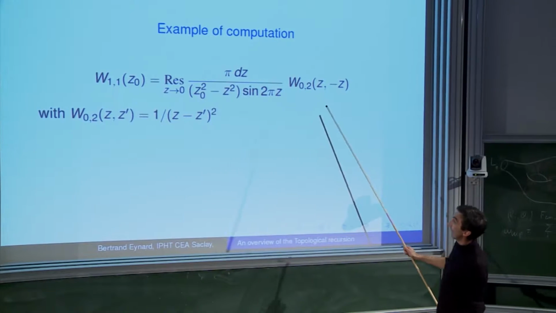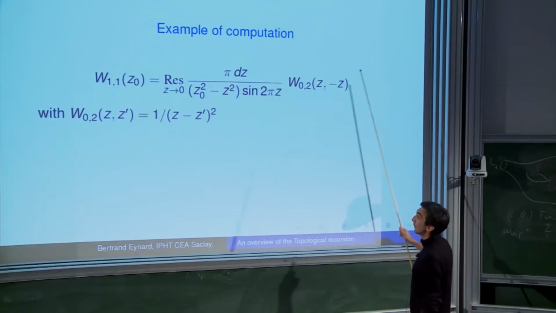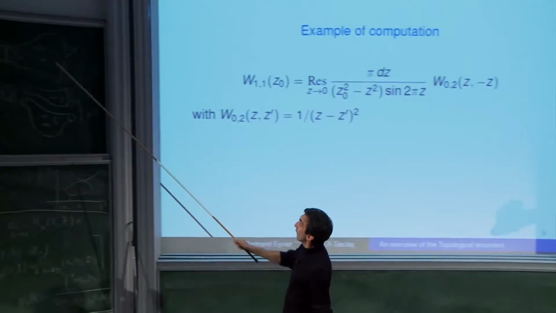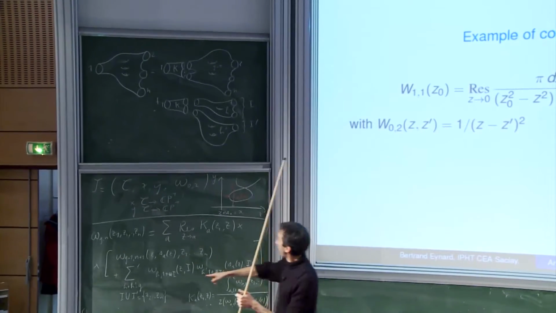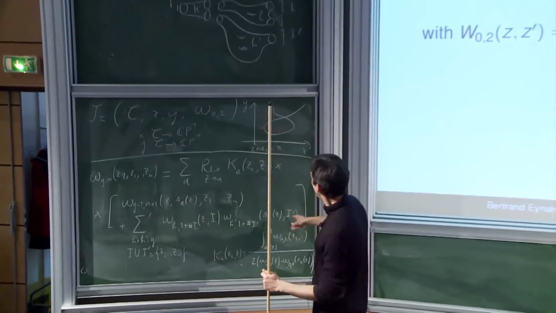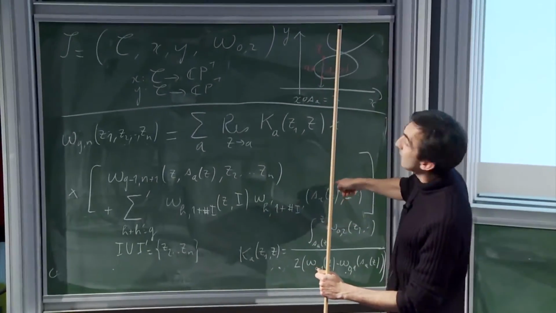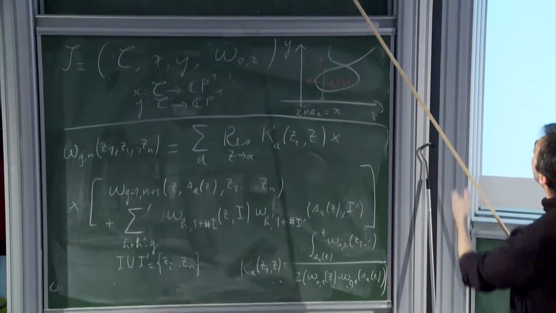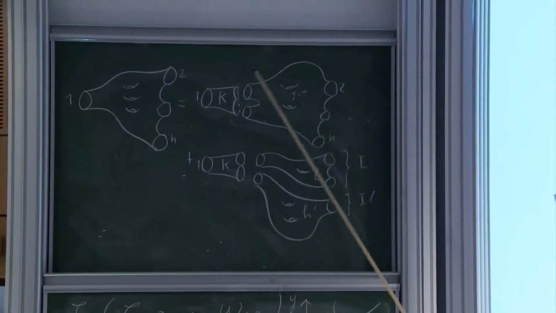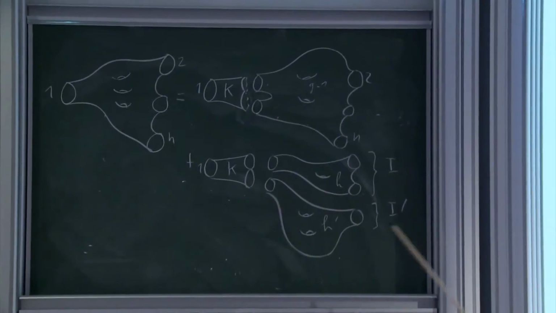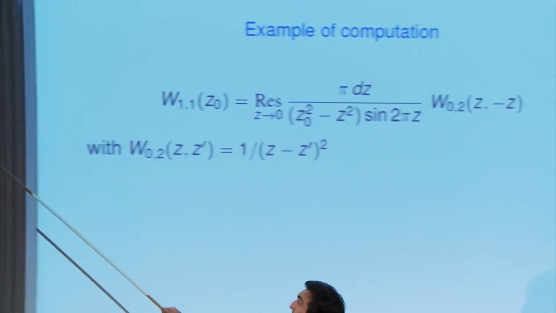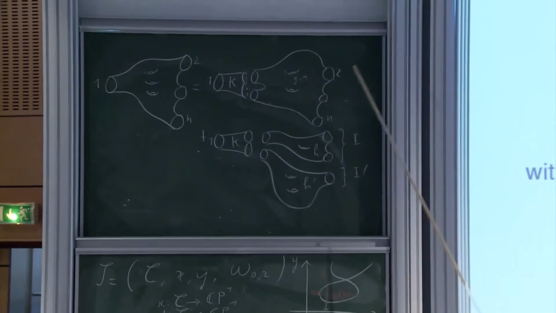And in the right-hand side, you have only one term. Basically, in this decomposition, in the sum, I always exclude the case where one of the sides can be a disk. So in this decomposition, there is only that term for g equals 1 and for W_{1,1}. So you have only that possibility for W_{1,1}.